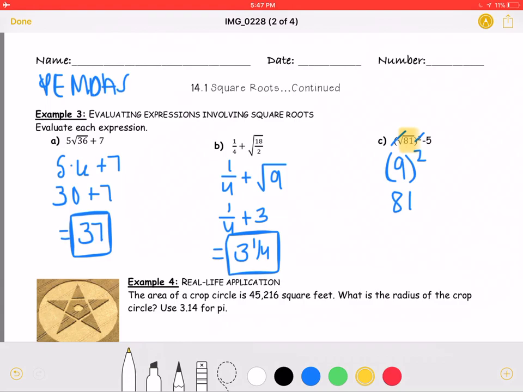So I'm left with 81. You could either have done those 2 steps or just automatically know that that's what I'm left with. And now I still have my minus 5 to do. So 81 minus 5 gives me 76.